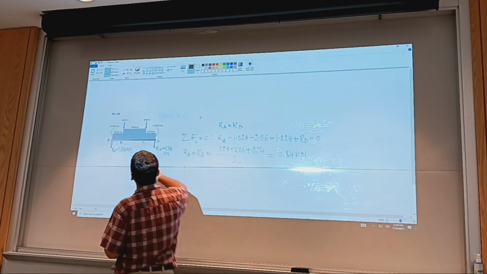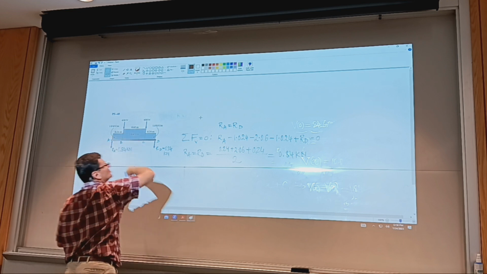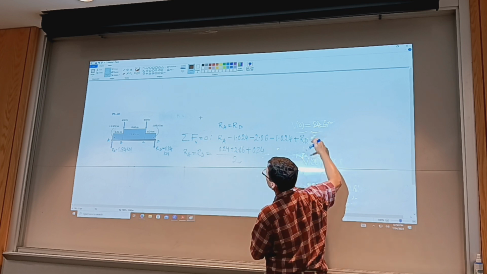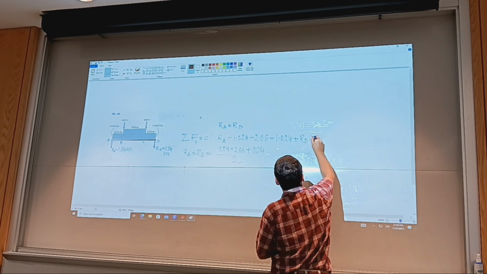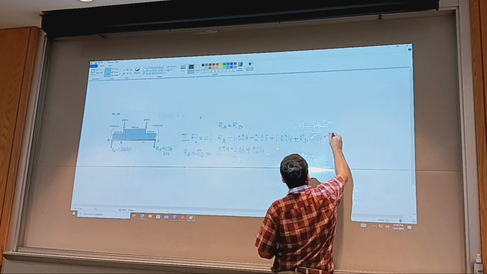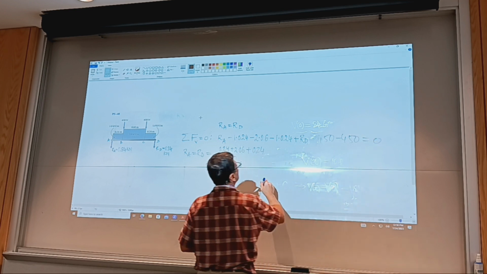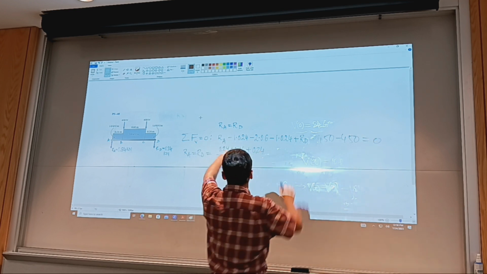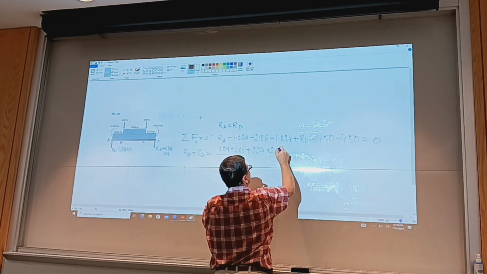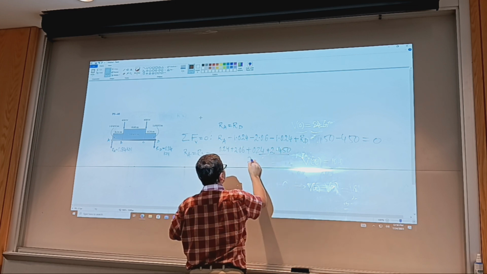What I missed though, again, I haven't practiced this problem anyway, so I missed these 2. So I need to add 2. This is not correct. So I need to add negative 450 equals 0. Okay, so RA plus 2 times 450 divided by 2.